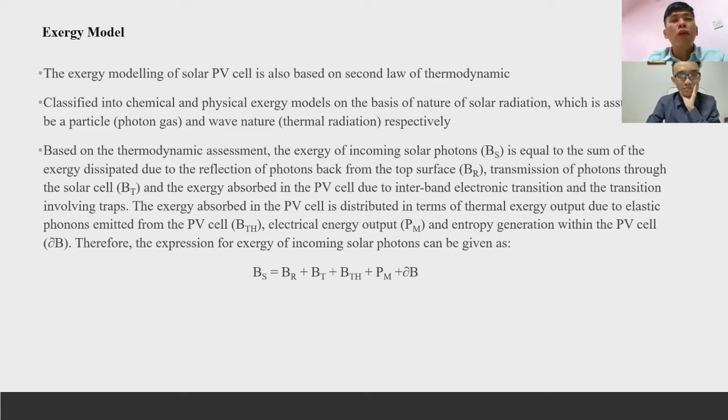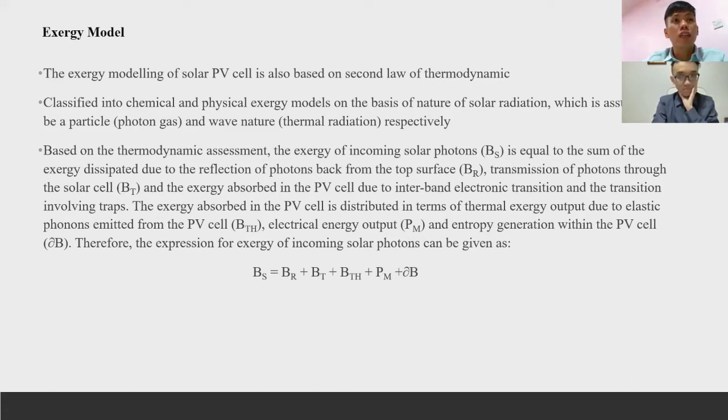Based on the thermodynamic assessment, the SSG of incoming solar photon BS is equal to the sum of the SSG dissipated due to the reflection of photon back from the top surface BR, transmission of the photon through the solar cell BT, and the SSG absorbed in the PV cells due to the interband electronic transition.